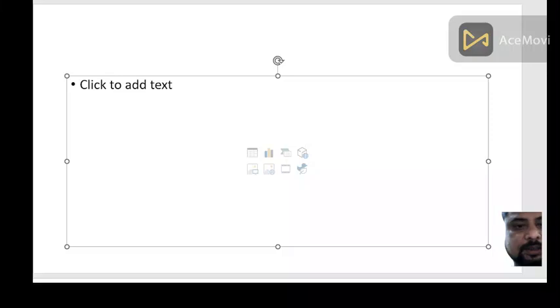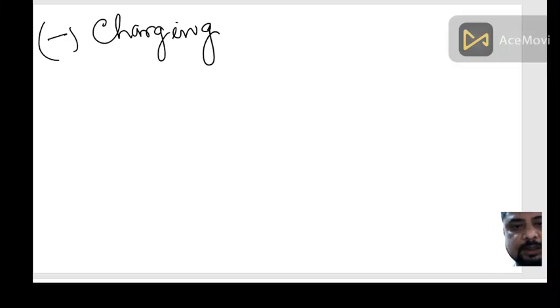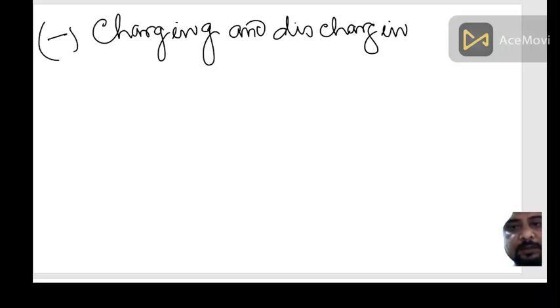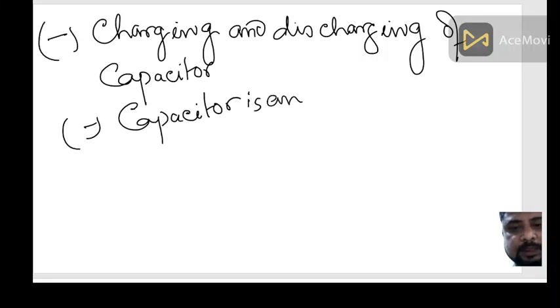So the working of this capacitor filter is based on two factors. The first one is charging and discharging of the capacitor, and the next factor is that the capacitor is an inertia element.